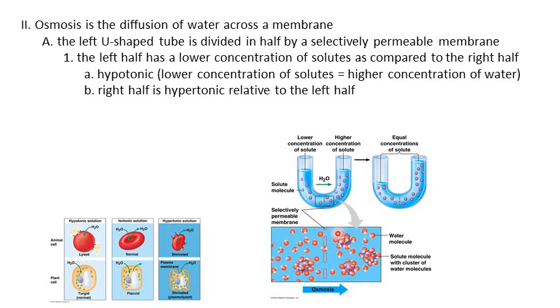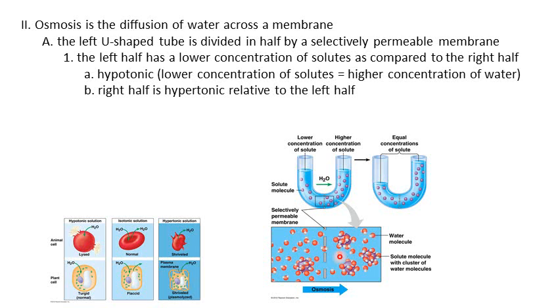selectively permeable membrane. Now over here on the right hand side of the U-shaped tube, this first U-shaped tube, we see there are more solutes tying up more water molecules, so therefore there are fewer free water molecules as compared to the left. Now these few free water molecules, they will bump into one another.